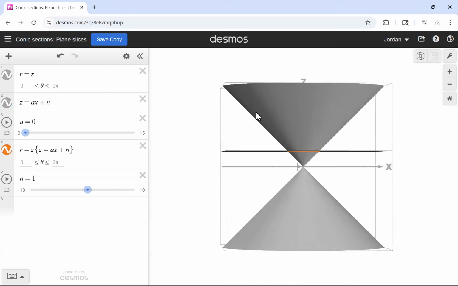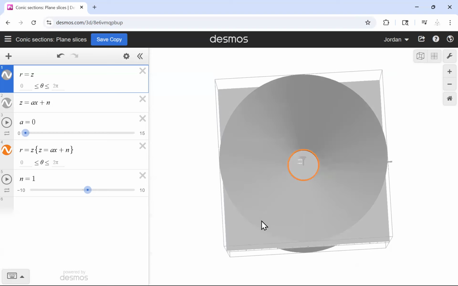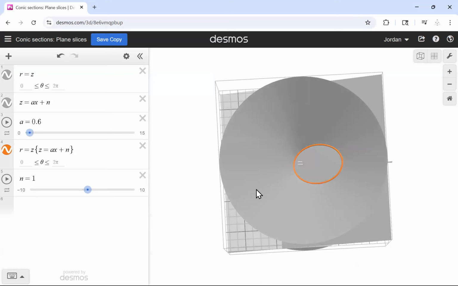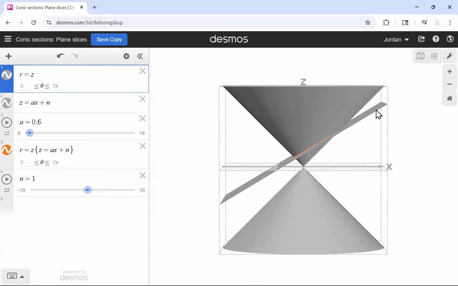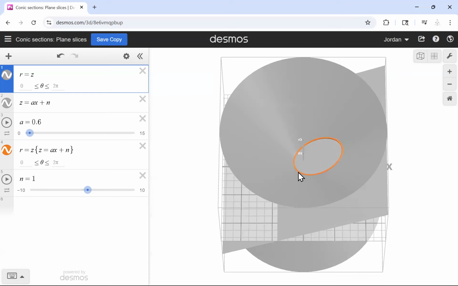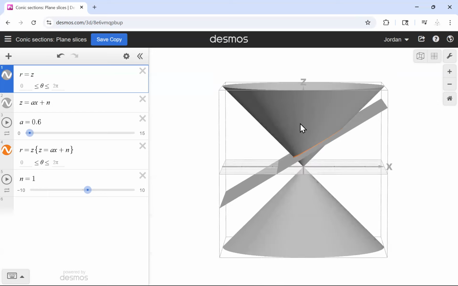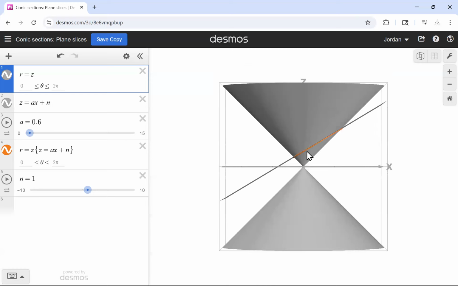So when the plane is flat, the object here looks like a circle. As the plane gets a little bit of slope, then the object starts looking like an ellipse. When the slope is less than the slope of the boundary of the cone, then we have an ellipse.